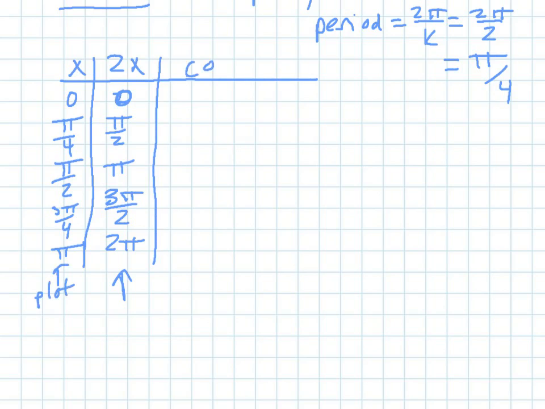So now cosine of 2x gives me, cosine of 2x, which was 0, so cosine of 0 is 1. Then cosine of pi over 2 is going to be 0. Then cosine of pi gives me negative 1. Then cosine of 3 pi over 2 is 0. And then cosine of 2 pi is 1 again.